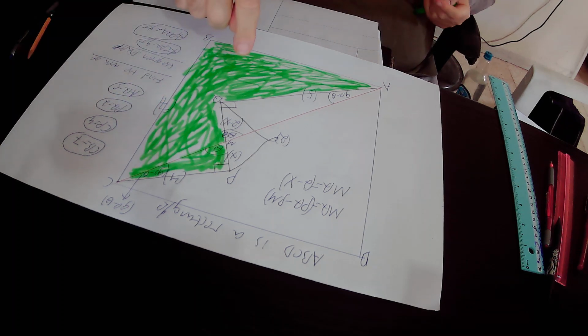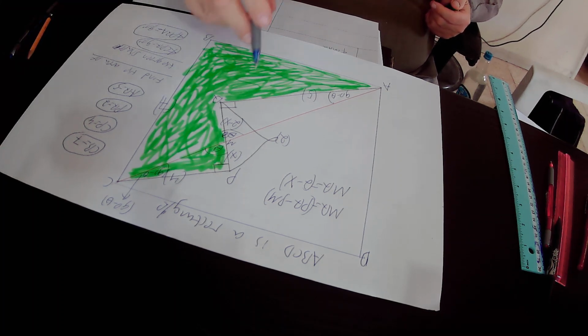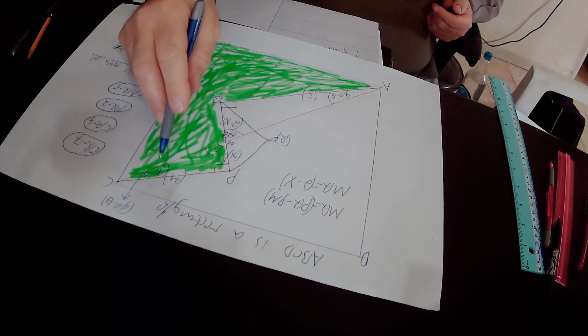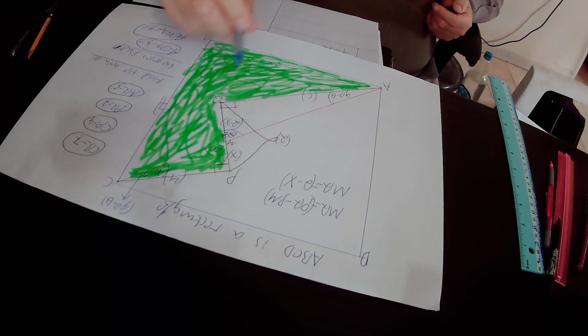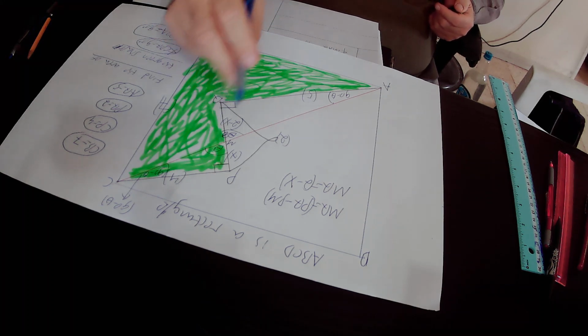So this is angle MAQ in the right triangle AMQ, and this equals this angle, which is actually angle PCM in the right green small triangle PMC.